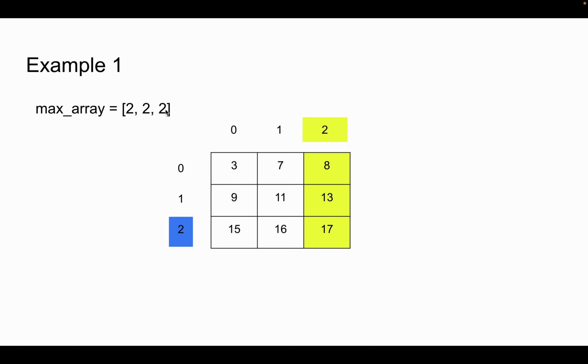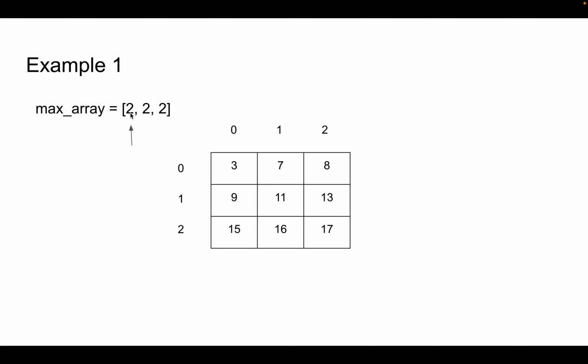Notice that the length of the max array will be the same as the number of columns, because we're storing one index for each column. After we're done storing the index of the max for each column in the max array, now we can check the minimums.